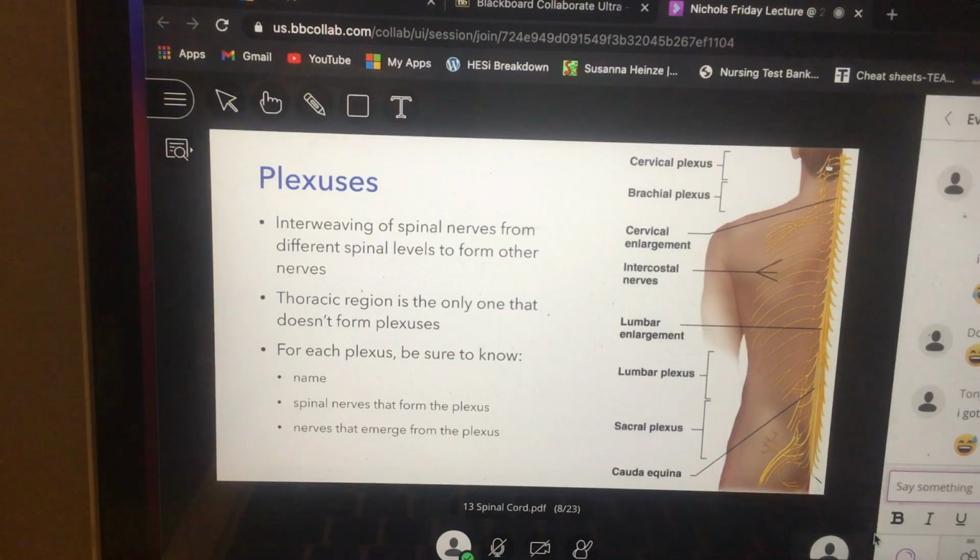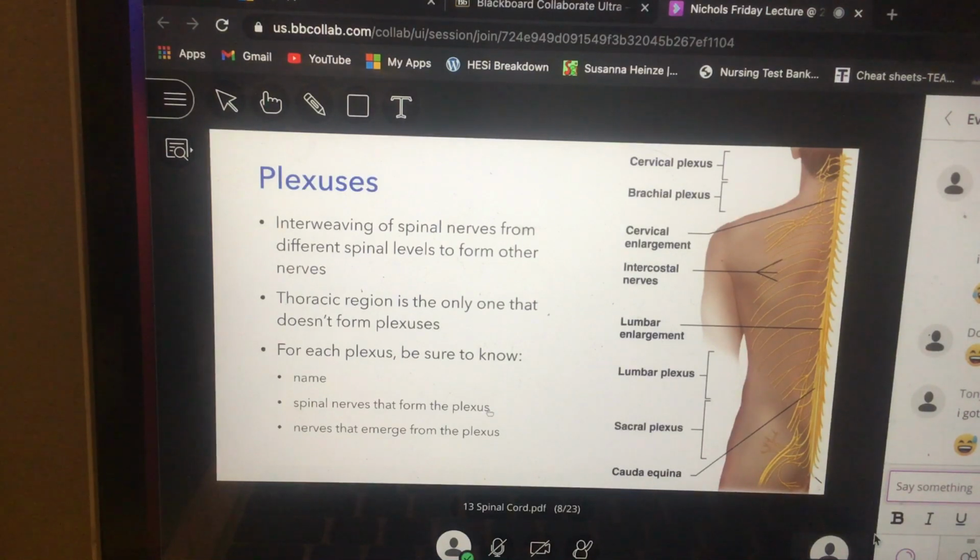But in all the other regions, the nerves don't just come straight out. They intermingle and mix with each other. Fibers from different ones mix with fibers from others and interweave. So the thoracic region is the only one that doesn't form these complexes called plexuses.